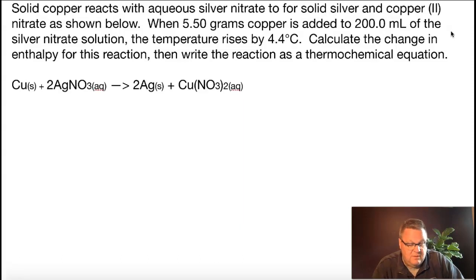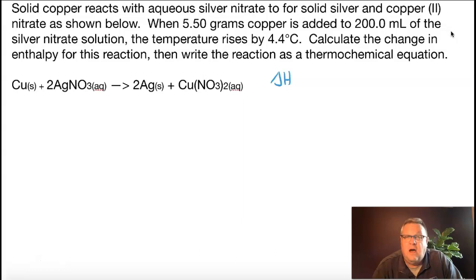This is the silver tree lab that you did, lab 2, where we took solid copper wire, put it in silver nitrate solution, and we collected silver and we formed copper 2 nitrate. This is a chemical equation. I want you to rewrite this equation as a thermochemical equation, which means I need to find delta H for this equation.